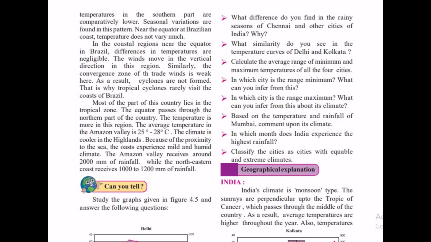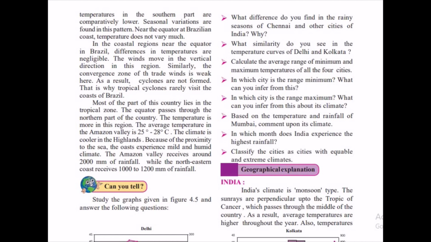Most of the country lies in the tropical zones. The equator passes through the northern part of the country. The temperature here near the Amazon Valley is 25 to 28 degrees Celsius. The climate is cooler in the highlands. As you go higher, you'll find the climate is cool.